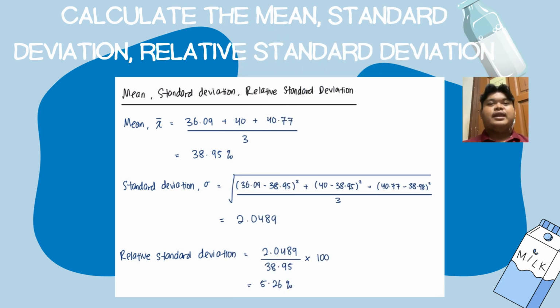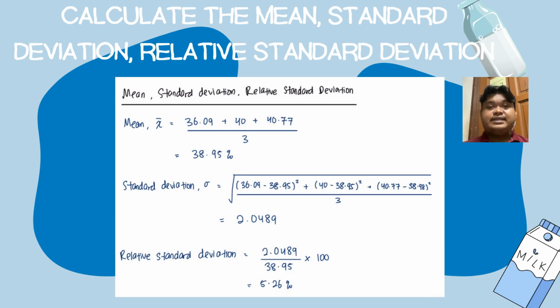We then could calculate the mean, standard deviation, and relative standard deviation. To calculate the mean, we have to put together 36.09 plus 40 plus 40.77 and divide it by 3. We would get 38.95% as our mean.